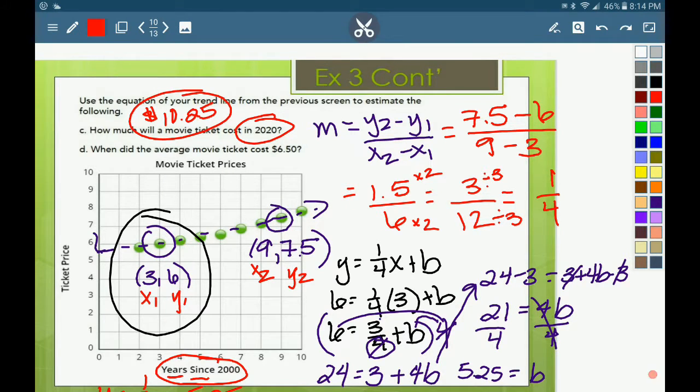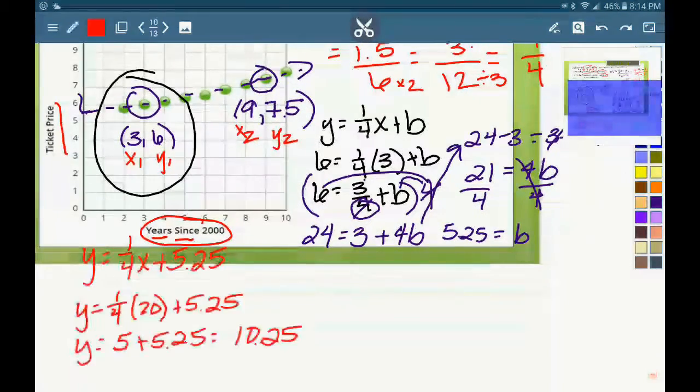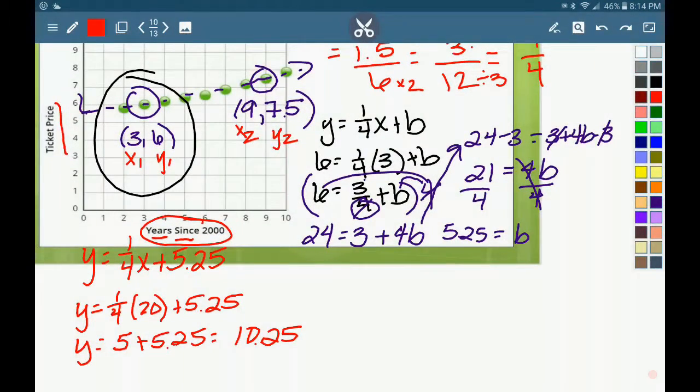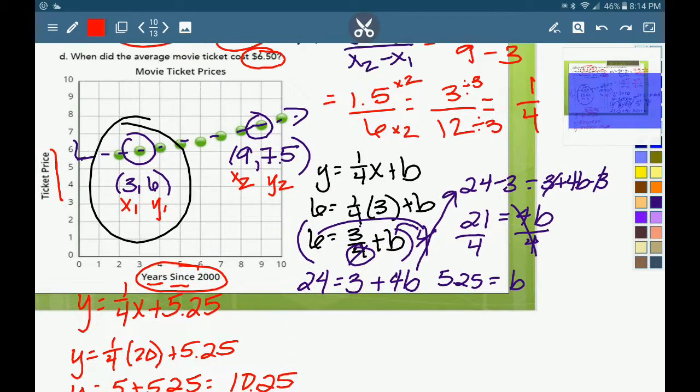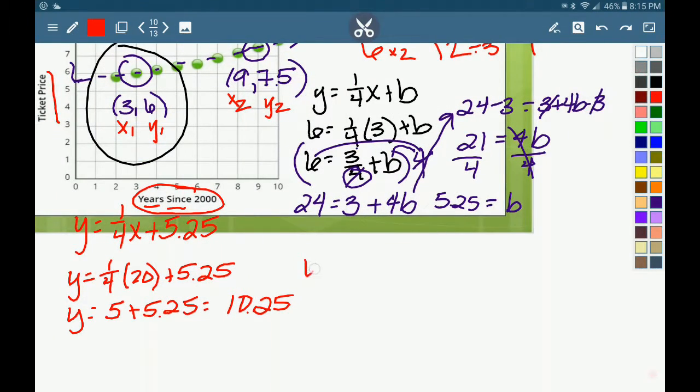Now we need to approximate, when did the average movie ticket cost $6.50? Well, ticket price is the y, so we need to plug in $6.50 in for y in our equation. So $6.50 is equal to 1/4 x plus 5.25.